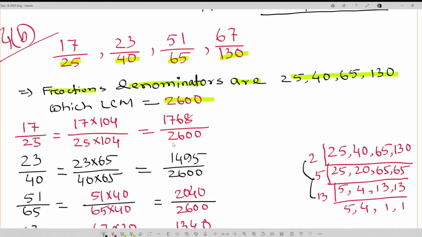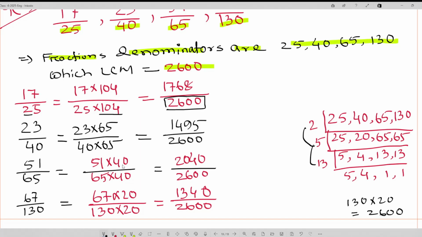So once we have to make 2600, 25 we will multiply by 104. Similarly, in the numerator we also multiply 17 times 104, so it will become 1768. Similarly, we multiply 65 in both denominator and numerator, we will get 1495, and the denominator is 2600.